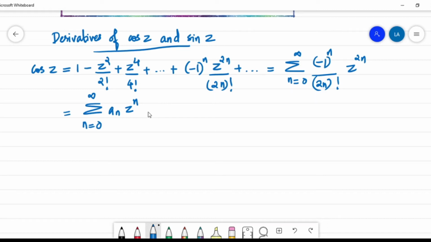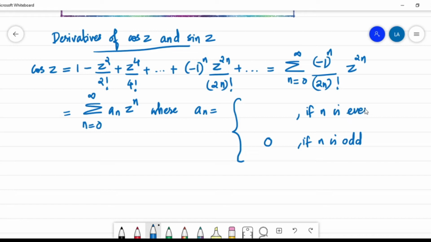So, we can write a n is equal to, okay, I am going to write a n itself and here I am having z n. So, if n is odd, definitely a n is 0. Now, if n is even, look, here it is even, right. So, when it is even, what was the power here? It was n. That means half of the power sitting here, right.